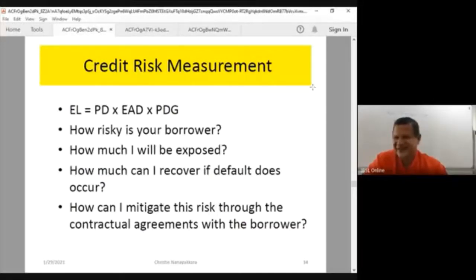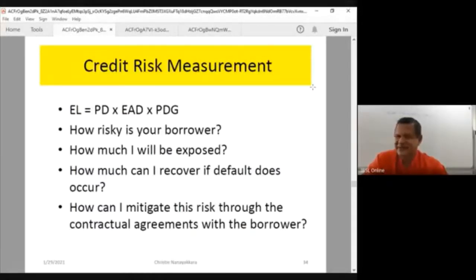You can write that down. Measurement is to identify, when you give a credit, how much money you are going to lose. If you know how much money you are going to lose, at least you must have collateral to that value for recovery. So identifying the risk and measuring it will enable the bank to take precautions.